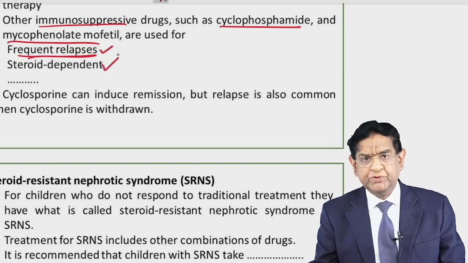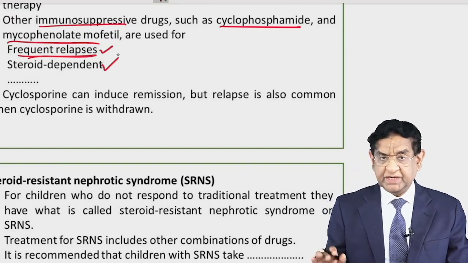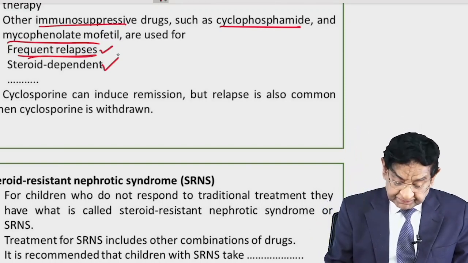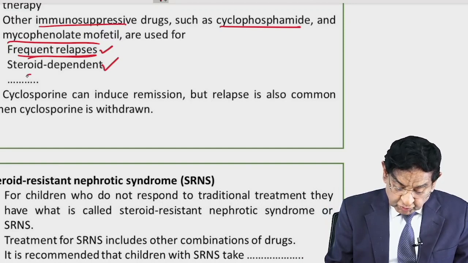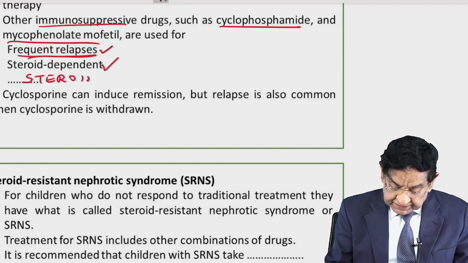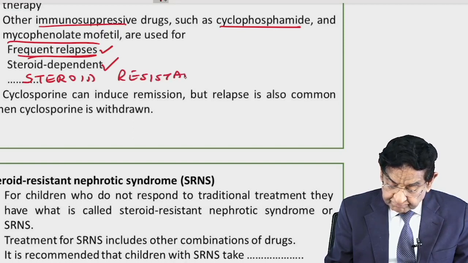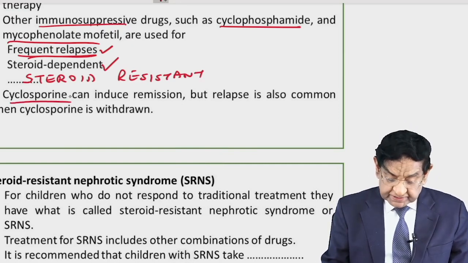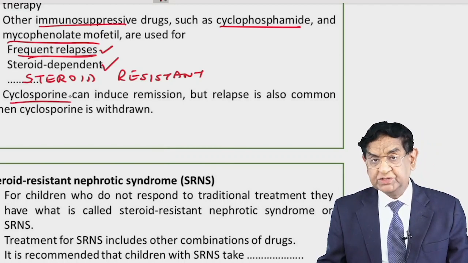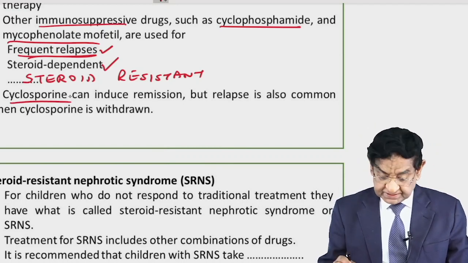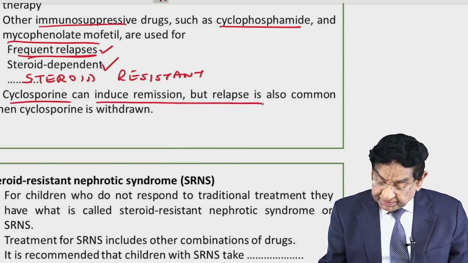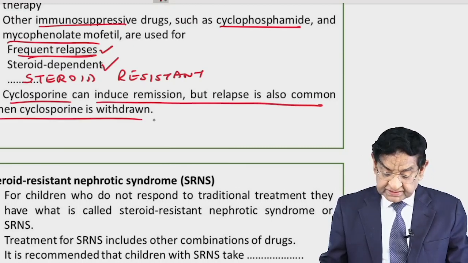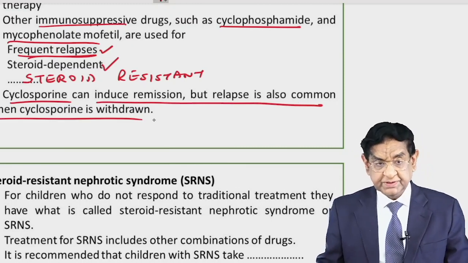That means you have to keep giving steroid to maintain the patient in a normal state. But sometimes there are a few cases that do not respond, called steroid resistant cases. Cyclosporin was used sometimes in some cases. It can induce remission, but relapse is also common when cyclosporin is withdrawn.